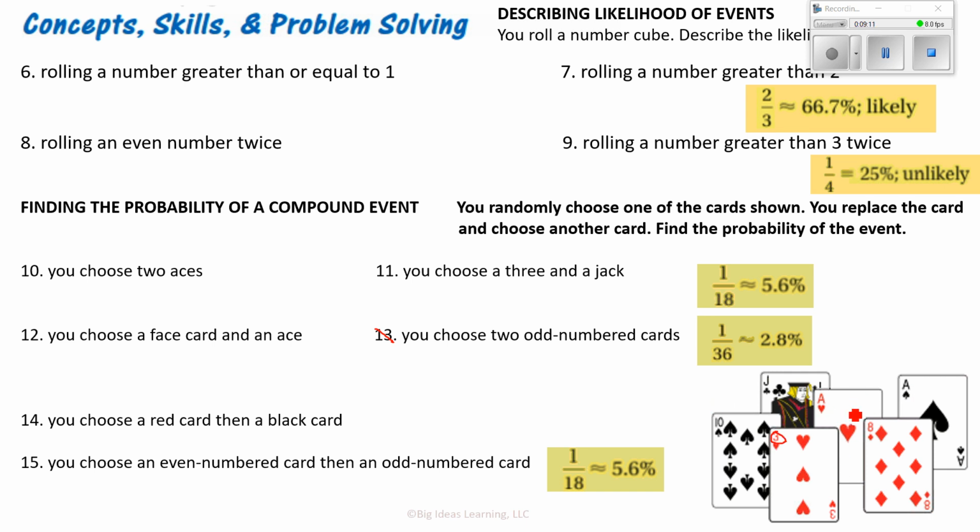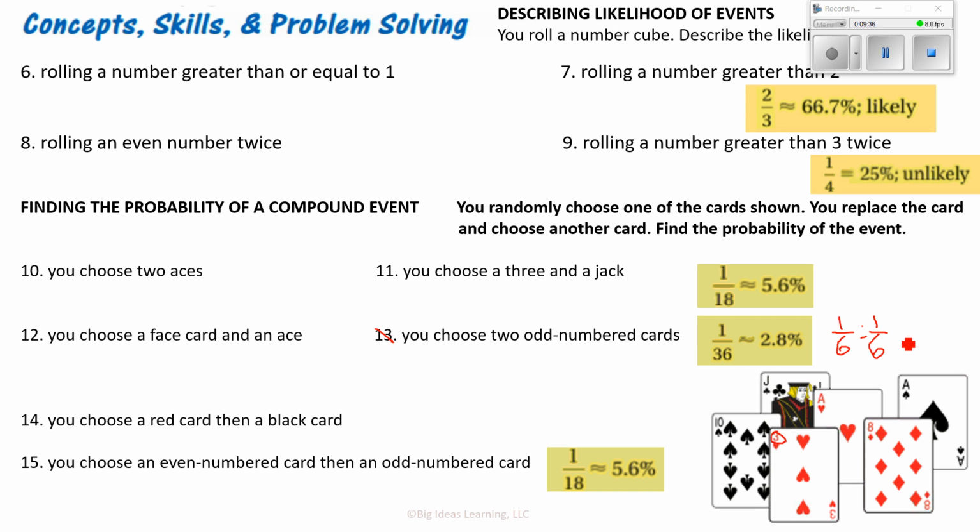I would have assumed that the aces and the 3s were all odd numbers, which would have put this at 25%. But because they're looking at it just as numbers itself, they're saying there's a 1 in 6 chance that we're going to pull that 3. And the next will be a 1 in 6 chance again, pulling another 3.